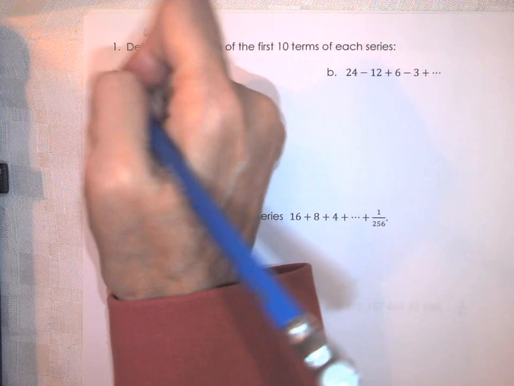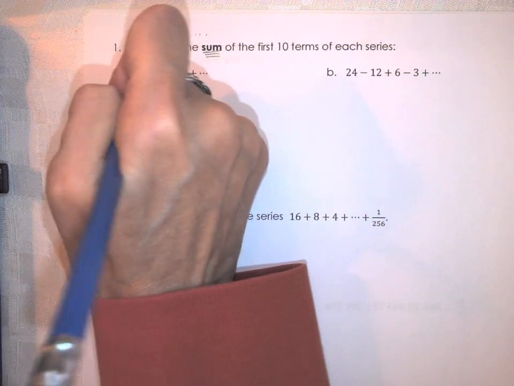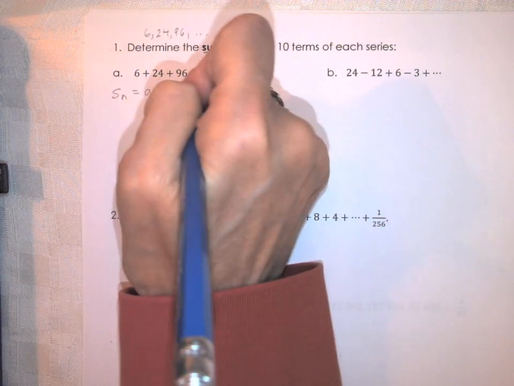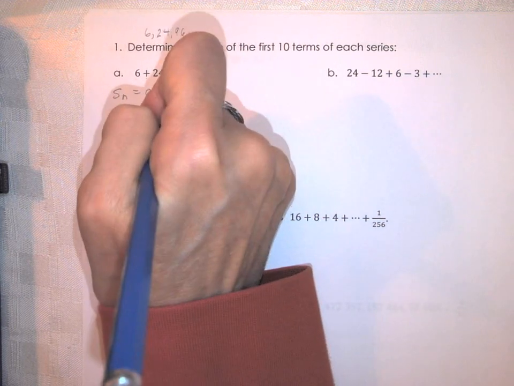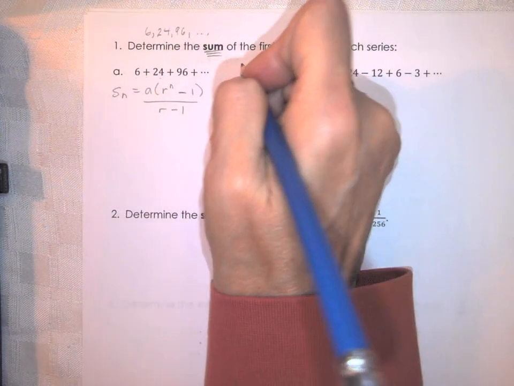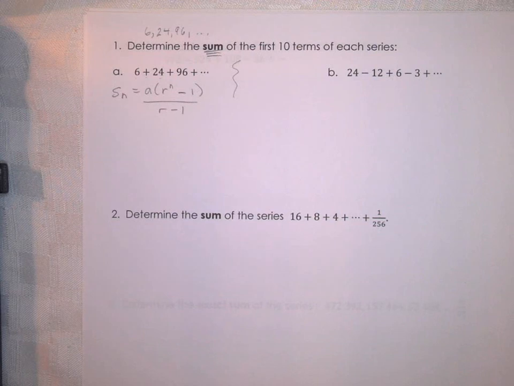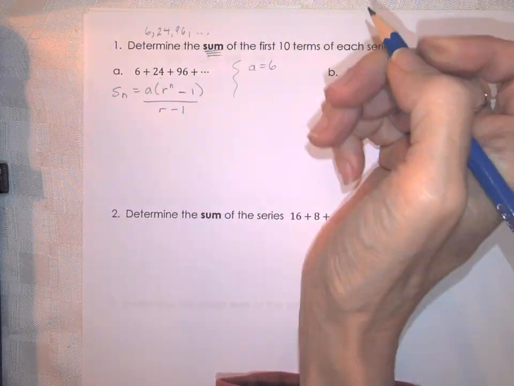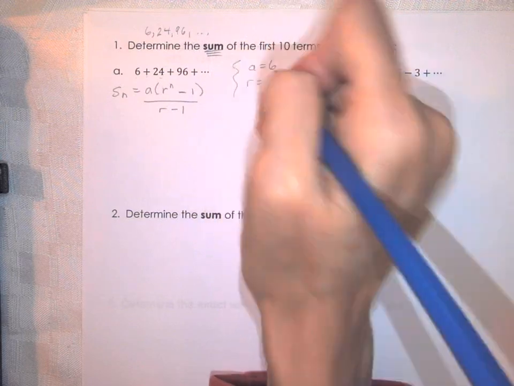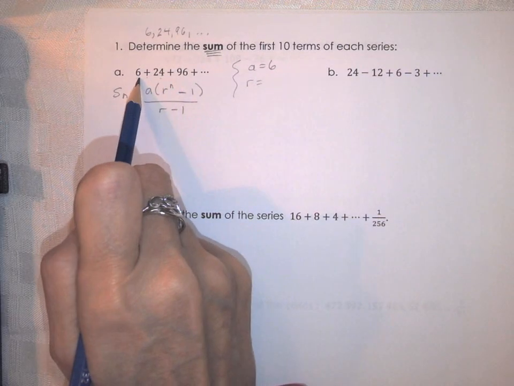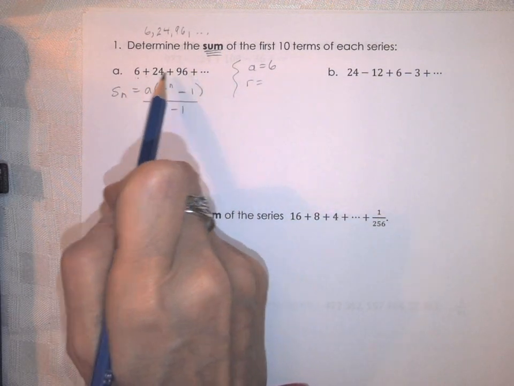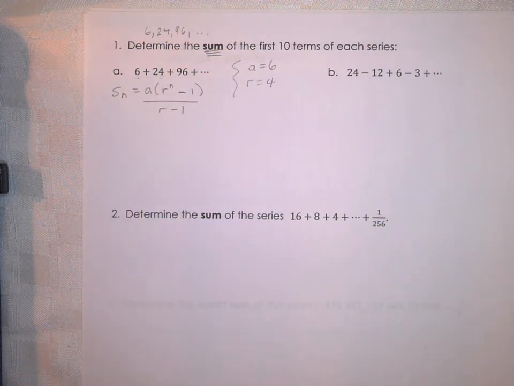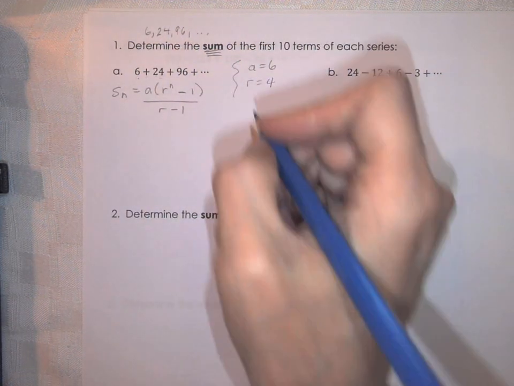So I might write down my formula. So Sn equals a times r to the power of n minus 1 over r minus 1. And then I might pick out some of the things that I know. So I know the first term a is 6. R, the common ratio, so I could do 24 divided by 6 is 4, 96 divided by 24 is 4. I see that to get to the next term, I multiply by 4. And then they give me n.